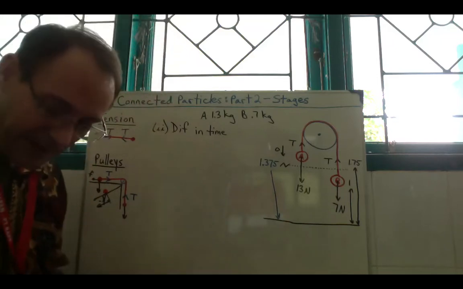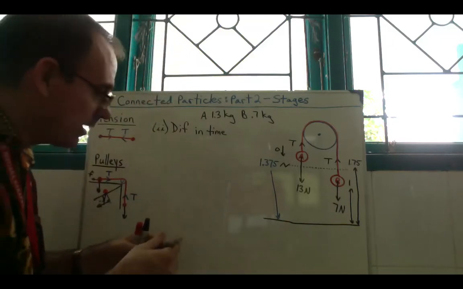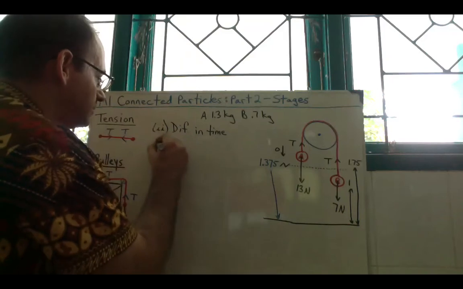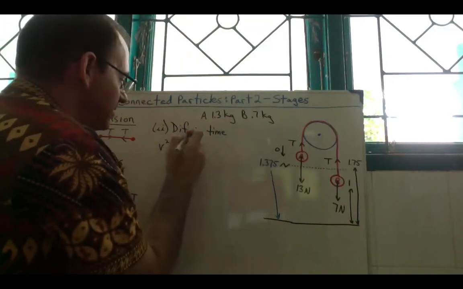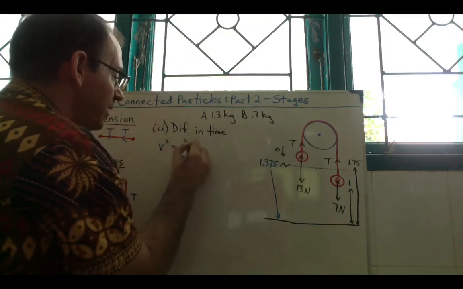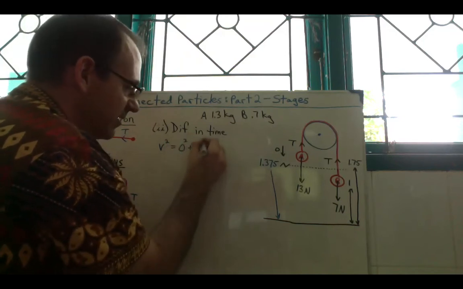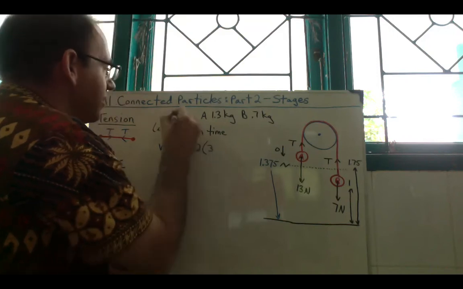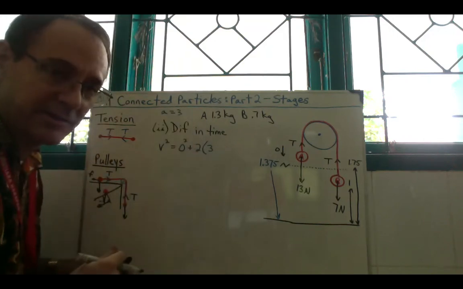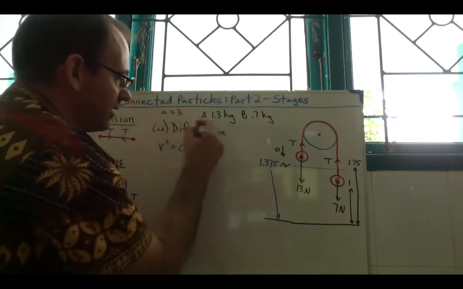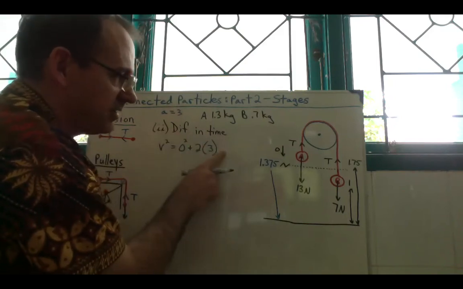And to find that, we're going to use our v squared equals u squared plus 2as. Final velocity squared equals, and our initial velocity is 0, plus 2, acceleration we've already found, 3. I should have probably kept that information from before. There's our acceleration, 3, we solved that in the first part. And the distance.